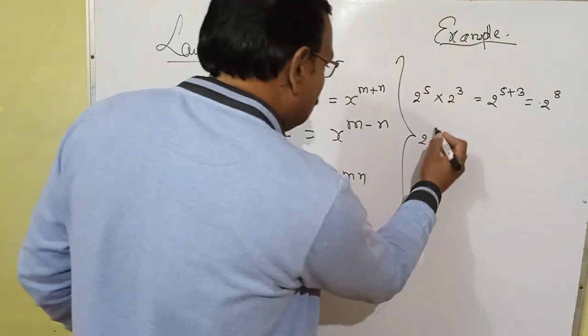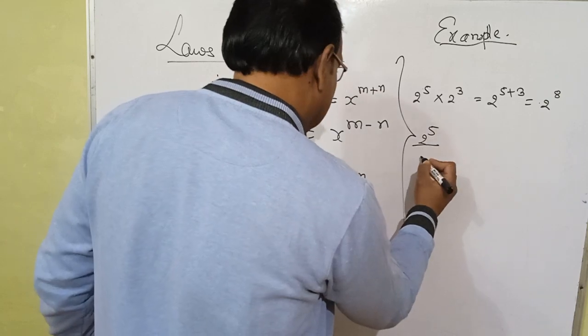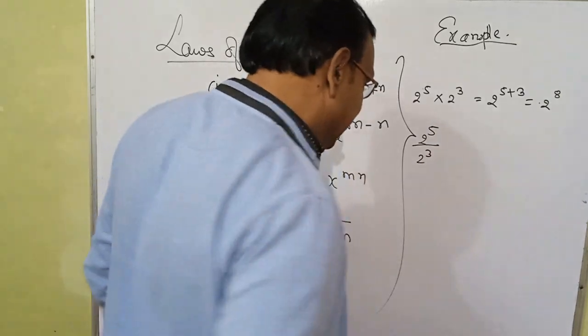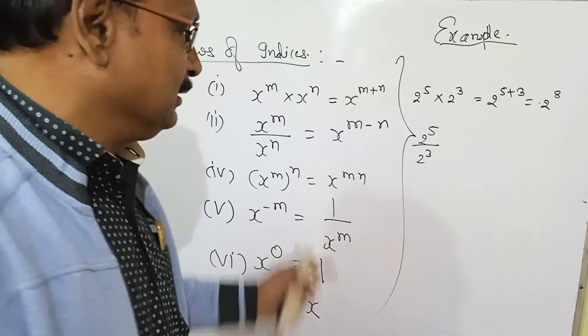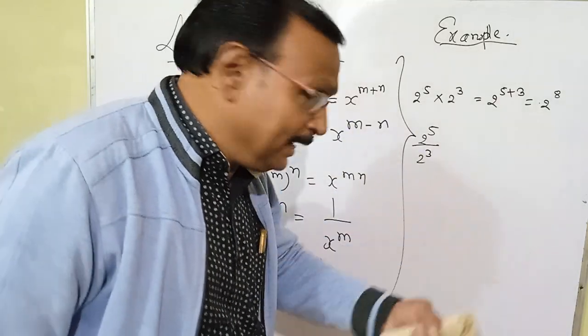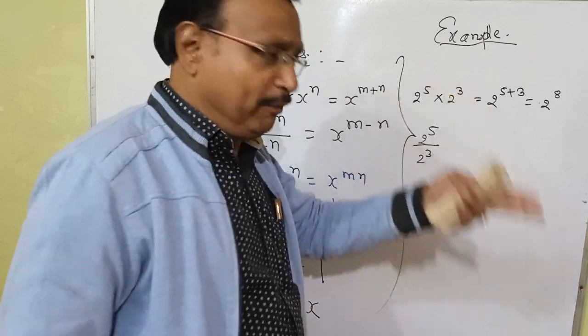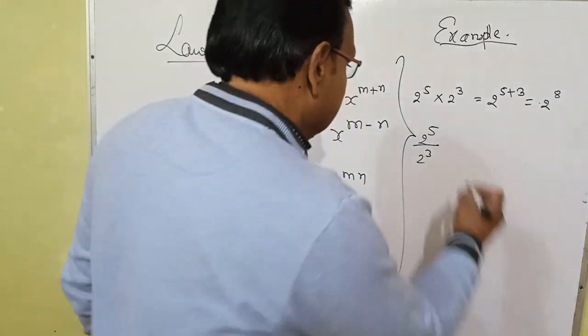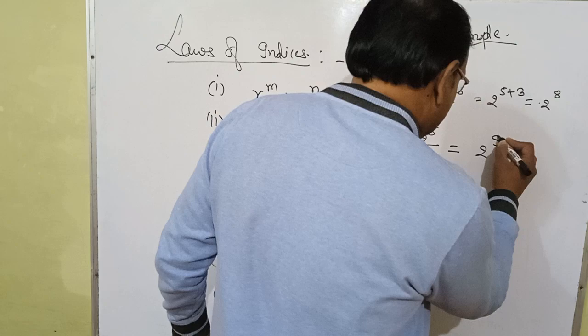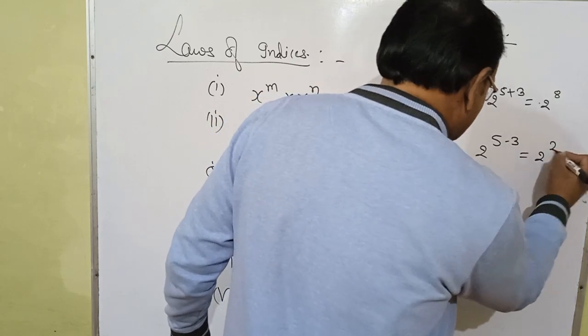Again, 2 to the power 5 upon 2 to the power 3, or we say the 5th power of 2 and the 3rd power of 2, or 2 raised to the power 5 and 2 raised to the power 3. Then finally we get 2 to the power 5 minus 3, which is 2 to the power 2.